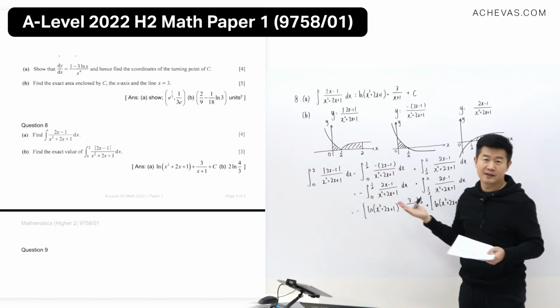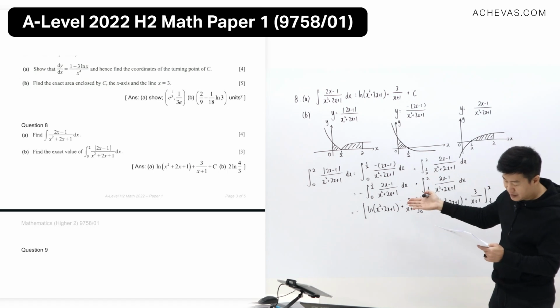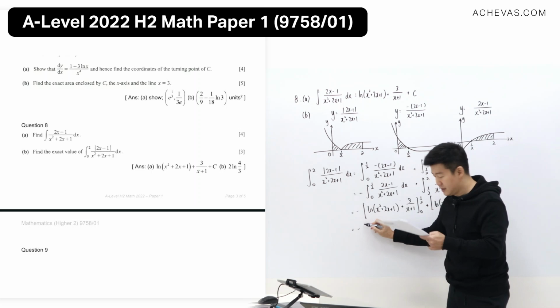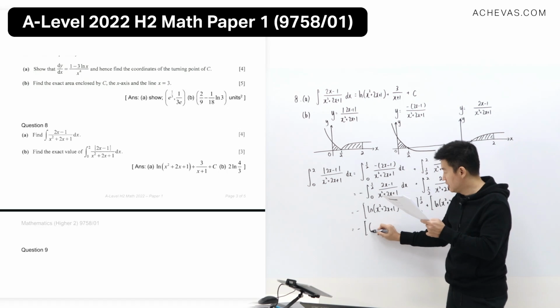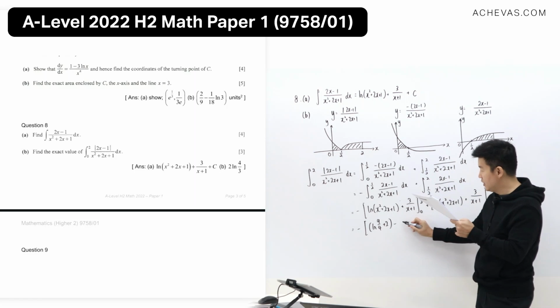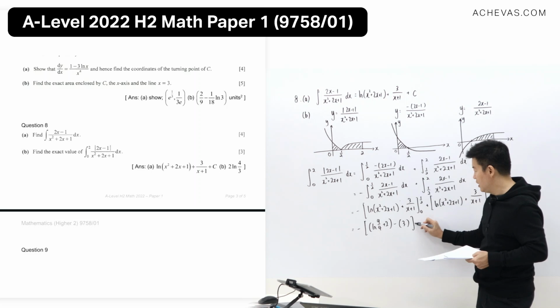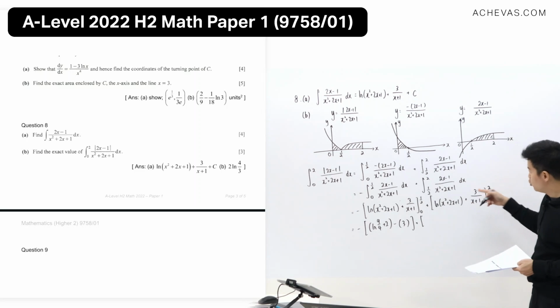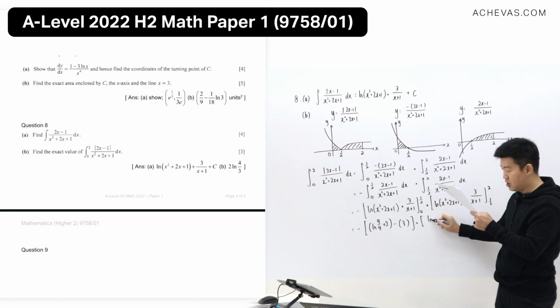The next thing to do is pretty simple. I'm going to substitute the numbers in. For this, we are going to be getting a ln 9 over 4 plus 2. Then minus away, substituting 0 in, we're going to be getting a 3. Then plus, substituting 2 in, we are going to be getting a ln 9 plus 1.